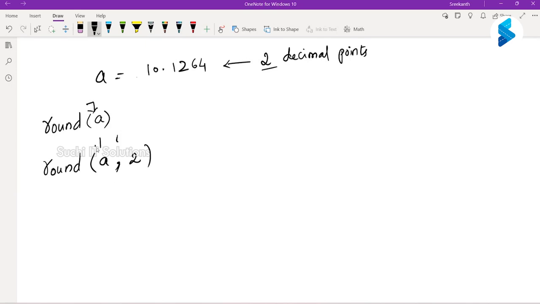The first one is the value that you have to round, and the second is the parameter where we specify how many decimals.